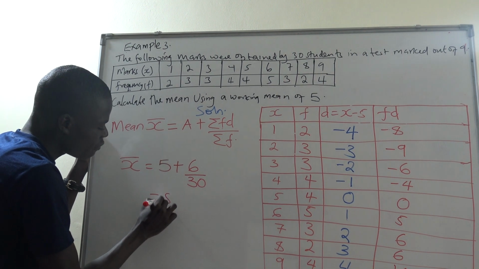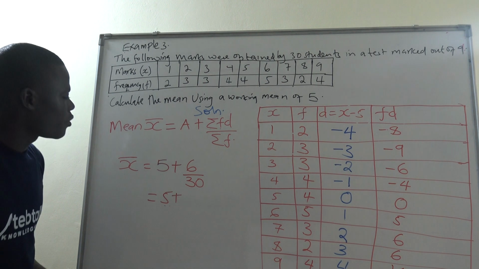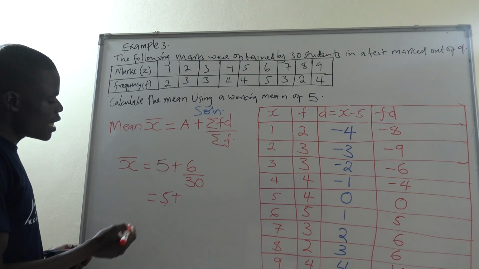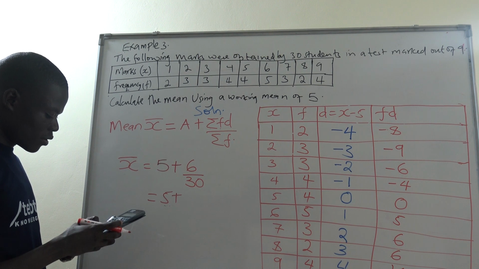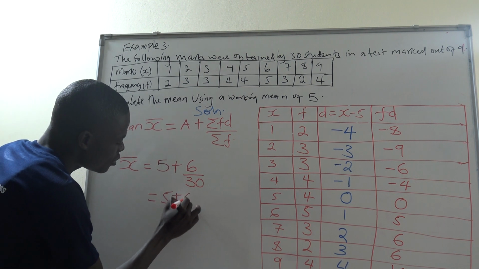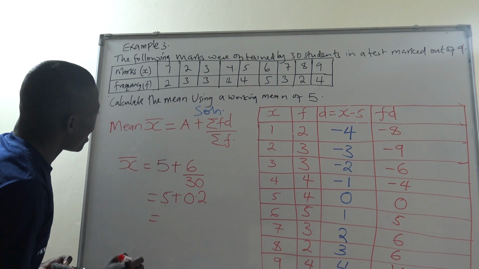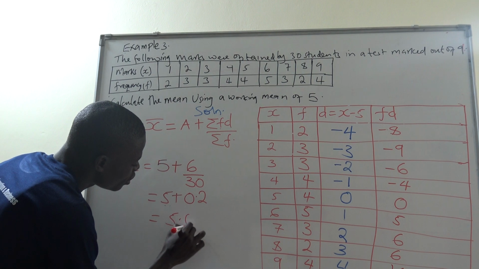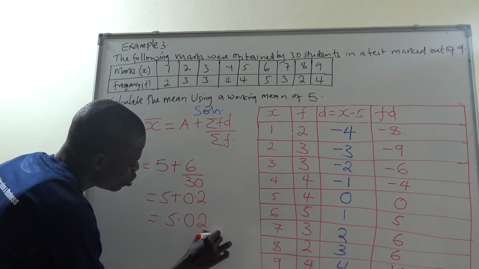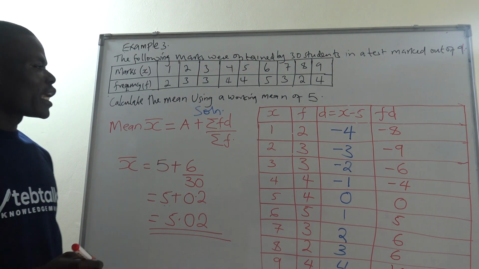So we shall get 5 plus, on the calculator, 6 divided by 30 is 0.2. Yes, it is 0.2. Then our mean becomes 5.02.